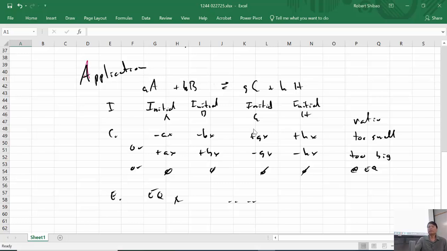So we need to know, is the ratio too big or too small, because that's going to tell us the direction of the change.